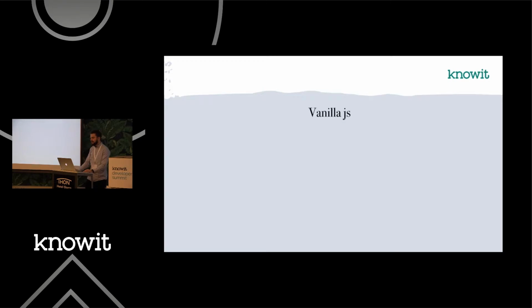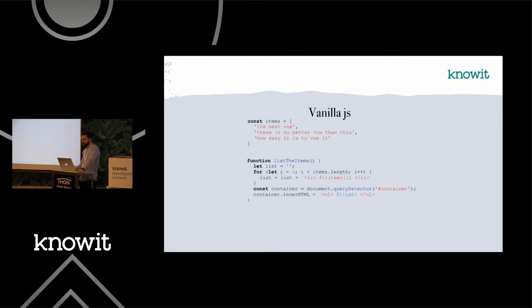In vanilla.js, I can show you the difference between vanilla.js and Vue.js. If you have a const of items, an array with different information or strings, and then you have a function which makes a list of the array, and then you inject it to the div with an ID.